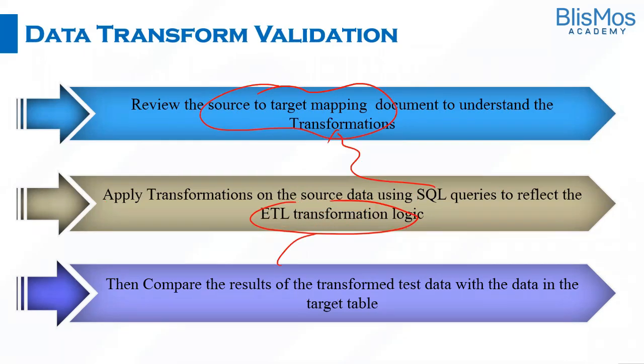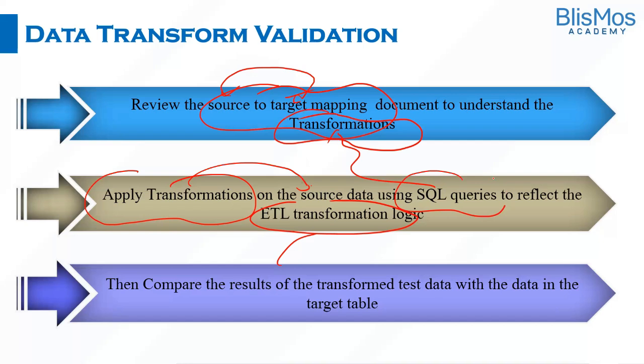Just to summarize, how do we perform the data transformation validation? First, we'll review the source to target mapping, how the source has been transformed into target and what kind of transformations are involved. Then we'll apply the transformation on the source data by using SQL queries.